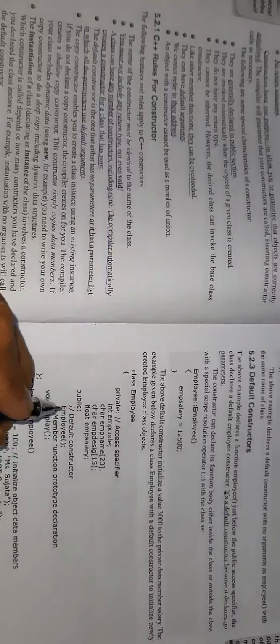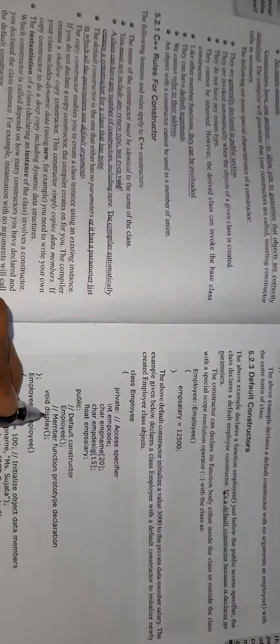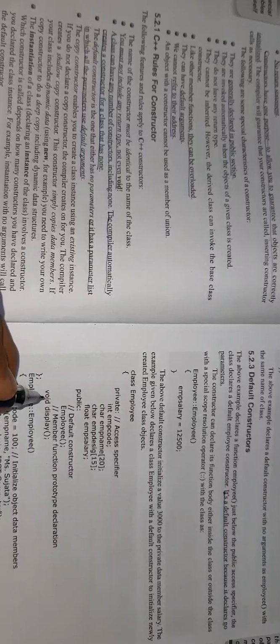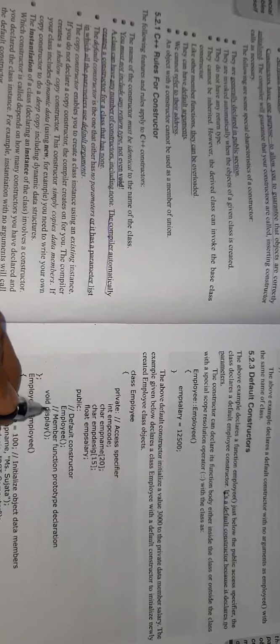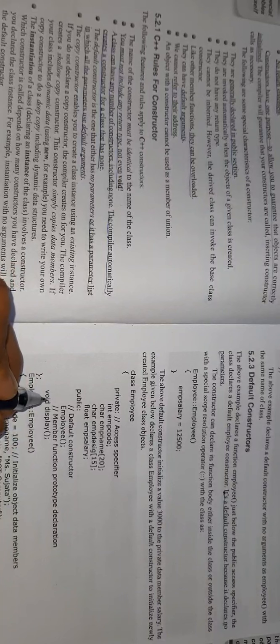We always write void, or sometimes if this function returns a value, we write int or float. That is provided that there is a function body. So it may return void, which means it does not return anything, or it returns an integer value or float value. But anyway we write void.